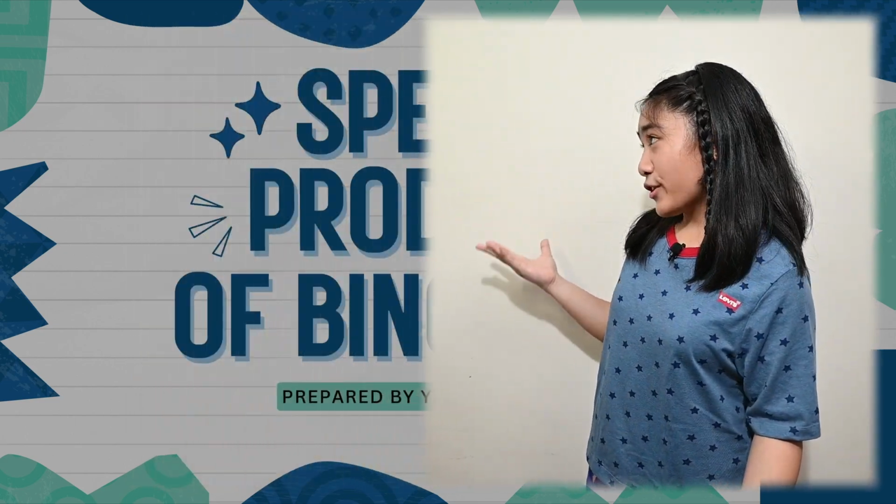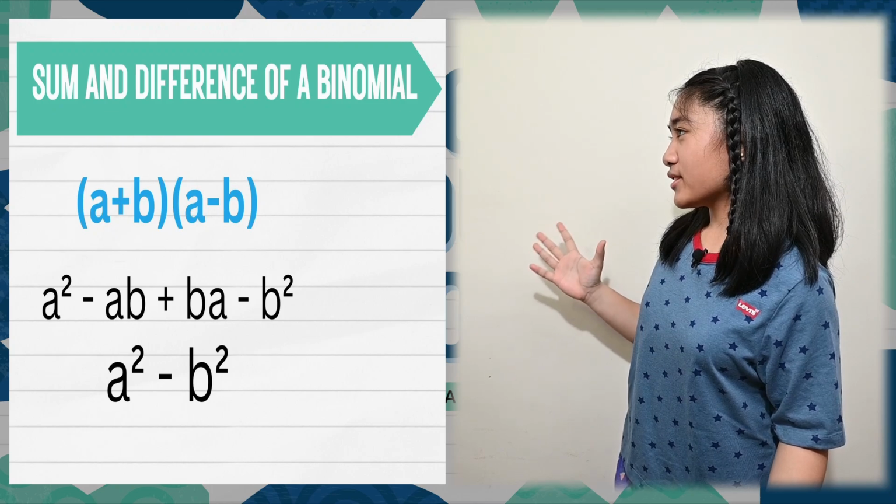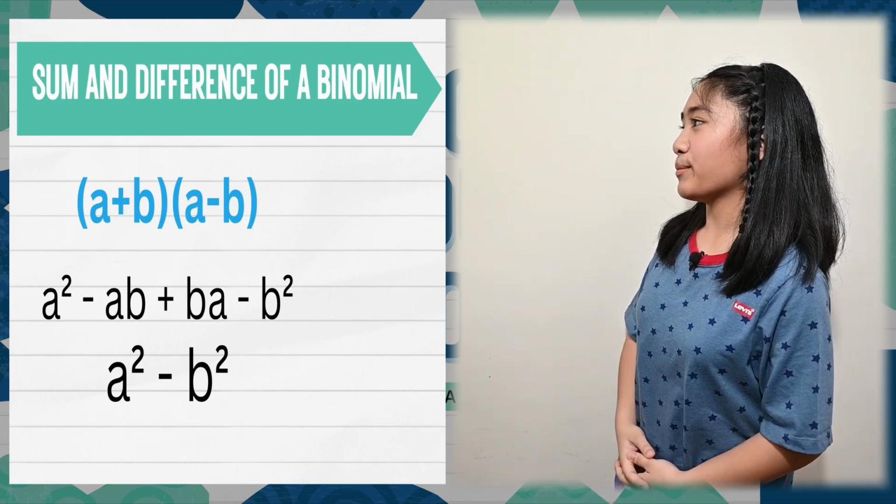Are you ready? Let's move on to the first special product, the sum and difference of a binomial. The product of the binomial sum and difference is equal to the first term squared minus the second term squared. Here's how it works visually using the FOIL method. Find the first terms, outer terms, inner terms, and last terms.